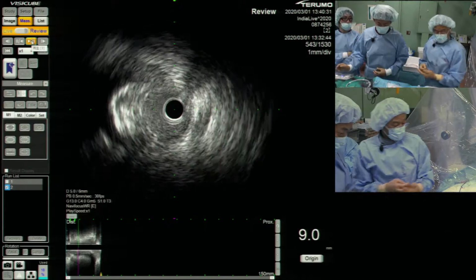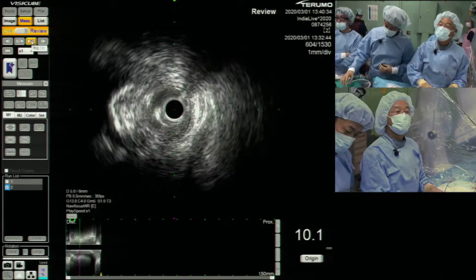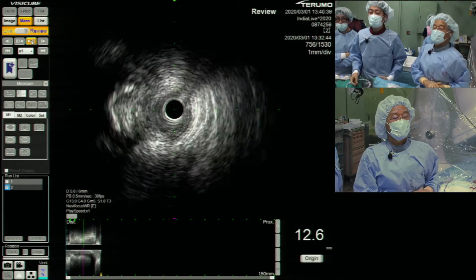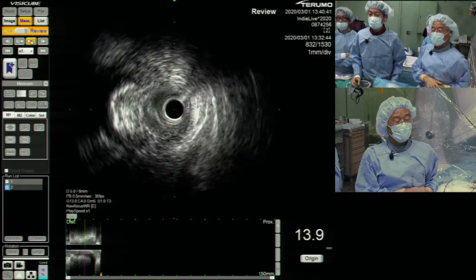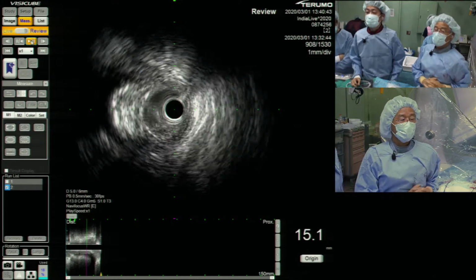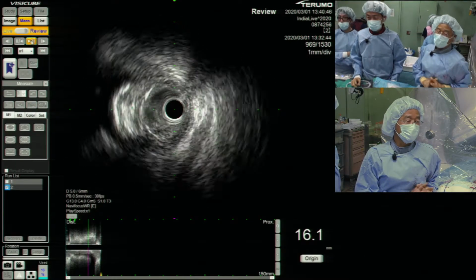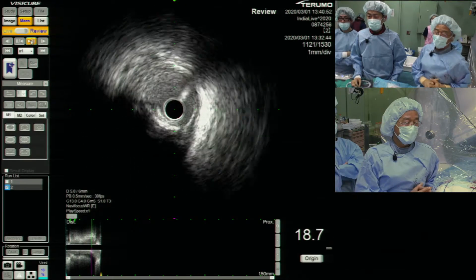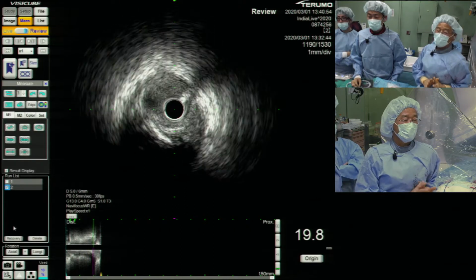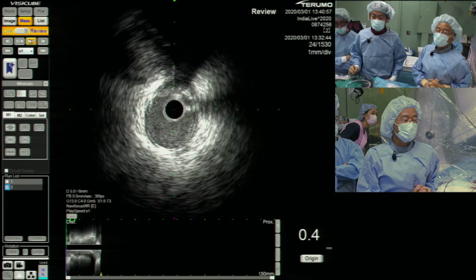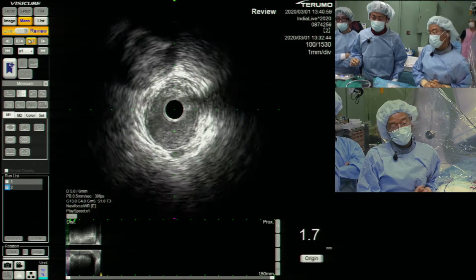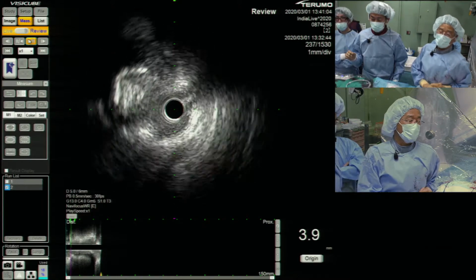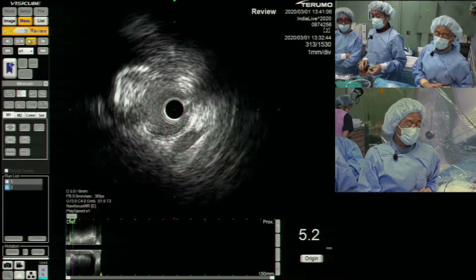For visualization, you have a Caravel in the conus branch to reduce contrast. Yes. Also, stabilizing the catheter at the ostium of the separated conus branch is very difficult, so the catheter is very unstable. So I put a wire into the main branch of the RCA, and then I put the guide wire into the separated conus branch.